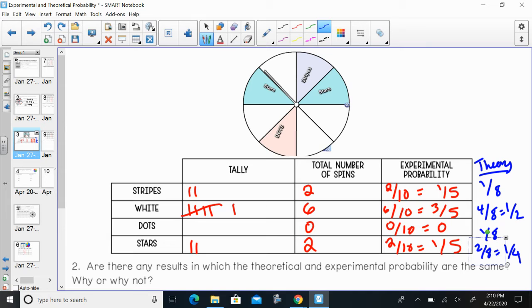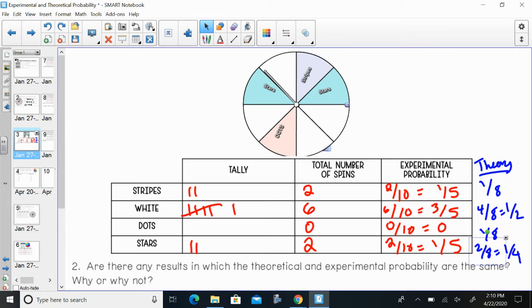All right, so looking at our information, comparing the experimental probability to the theoretical probability, do any of them match? Are any of them the exact same amount? Well, the answer here is no. There's many reasons for that. First of all, I did 10 trials, and when I'm simplifying my fraction out of 10, it doesn't necessarily match my fractions with a denominator of 8.